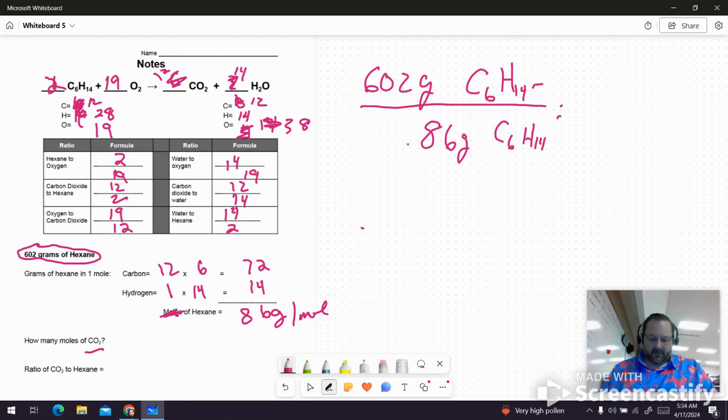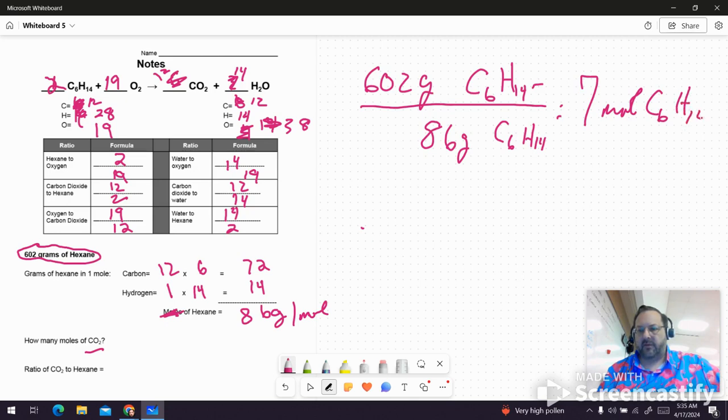I'm going to do that because I'm trying to find out how many moles I have. I know I have this many grams, and I'm going to divide by how much 1 mole weighs. So 602 divided by 86 tells me that I have 7 moles of C6H14. 86 times 7 is 602. So now I know that I have 7 moles.